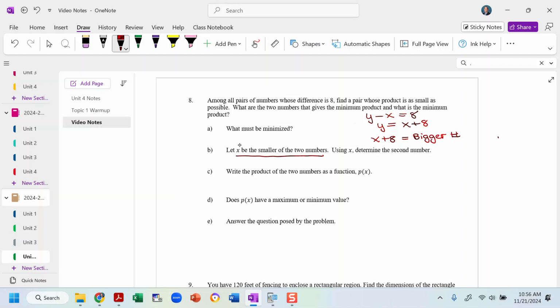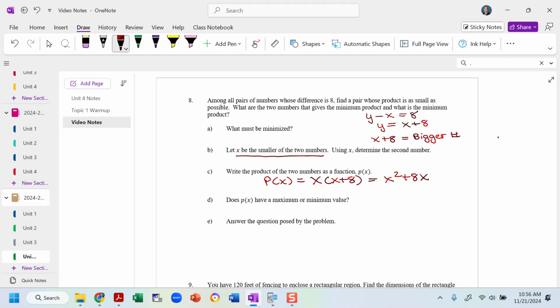So the product that must be minimized is x times x plus 8.